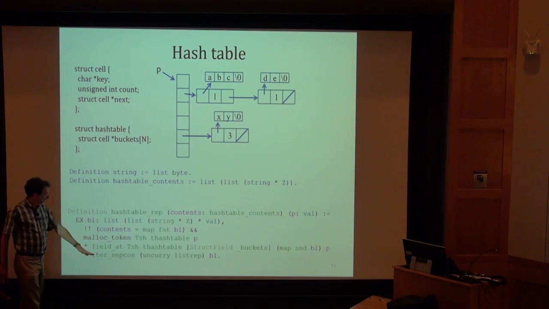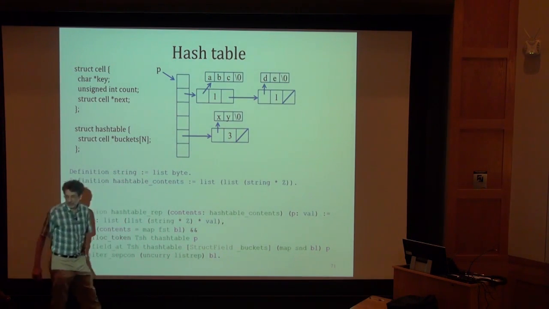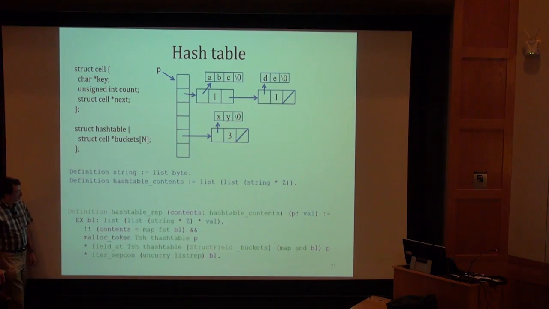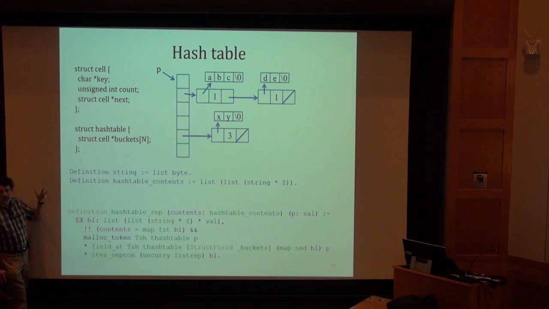So it's the iterated separating conjunction of uncurry listrep applied to this list BL. Okay? And we have a malloc token for the outer data structure so that when we want to free the entire hash table, we can free that one too. So there it is. It's just composing the operators we already have of separation logic to express some data structure.